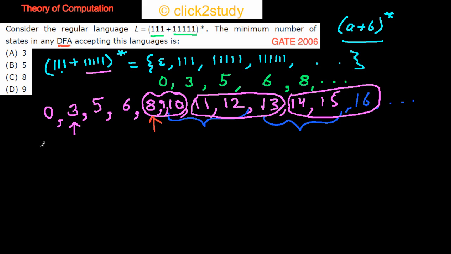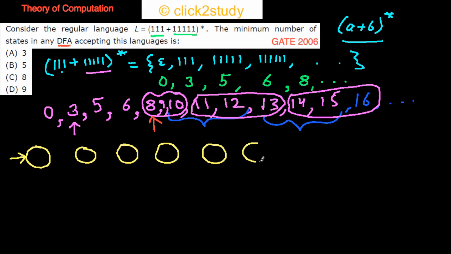So this is my starting point, and I am going to make some states out here: 1, 2, 3, 4, 5, 6, 7, 8, 9, like this.